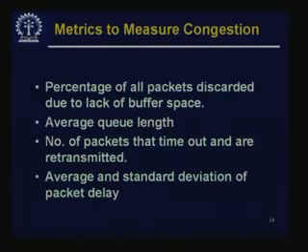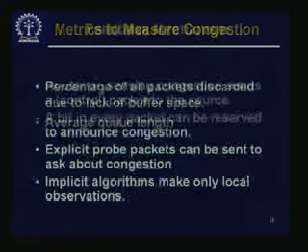Then the number of packets that time out and are retransmitted, and the average and standard deviation of packet delay. So these may be metrics with which you measure congestion. If these metrics go beyond a certain level, then you might decide that some congestion is taking place and we need to take some action in order to prevent the performance from degrading sharply.